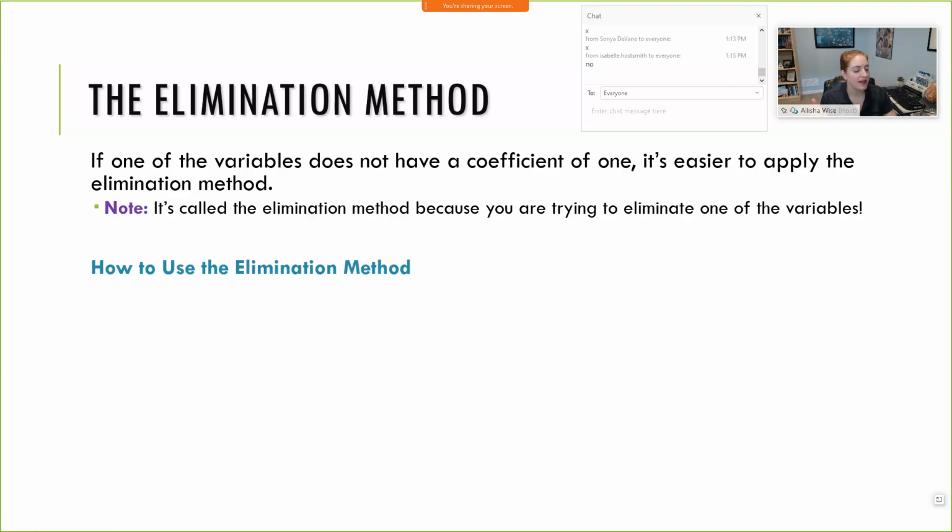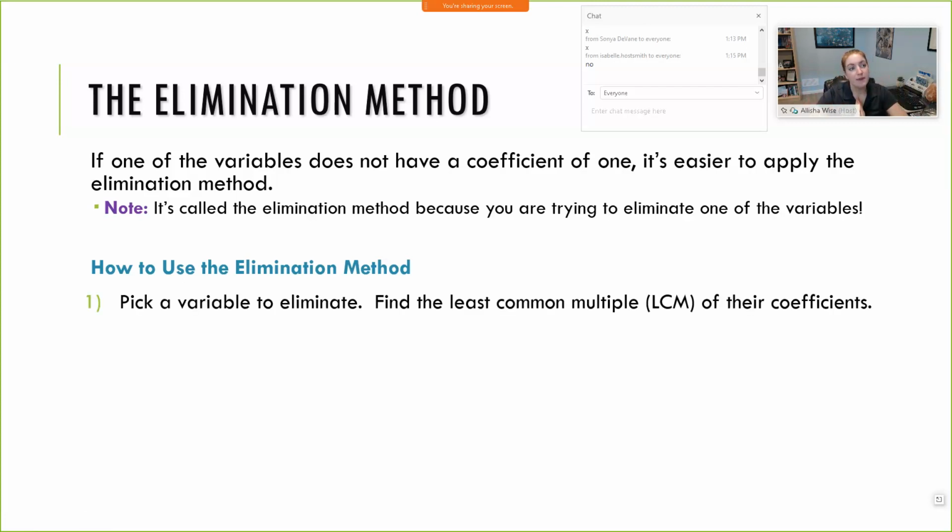So elimination method. The first step is to pick a variable that you want to eliminate. Now, this comes with practice and time to figure out what's the easiest variable to eliminate. But essentially, your variables only eliminate when they have the same number. So if it's 2x, the other variable has to be a negative 2x.